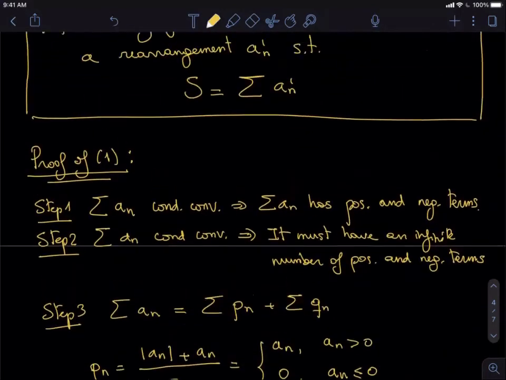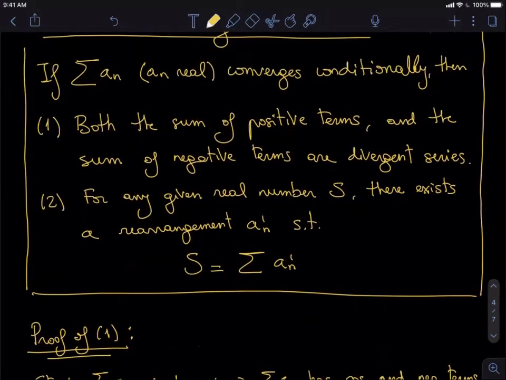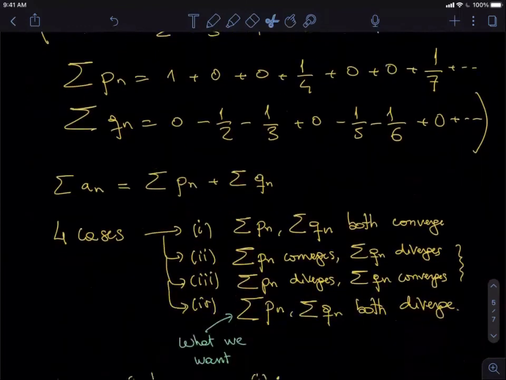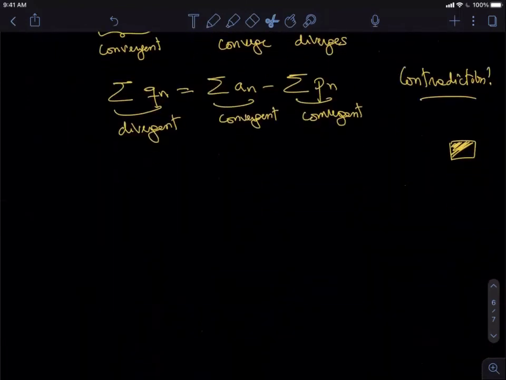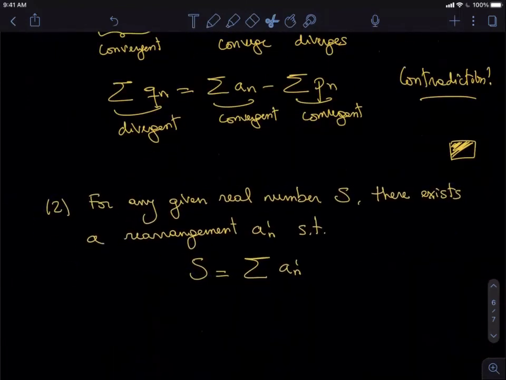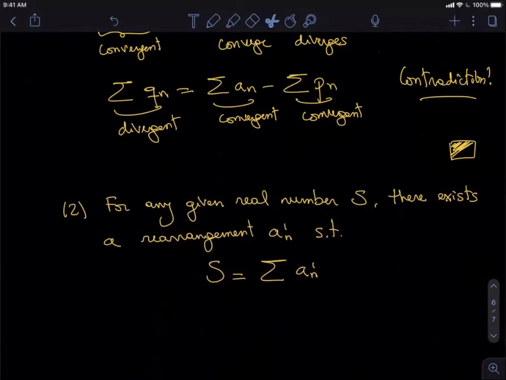Going back to the statement that said that both the sum of positive terms and the sum of negative terms are divergent series. And now we want to show part 2. Let's copy it here. And let's put here show 2, so that it's clear what we are doing.